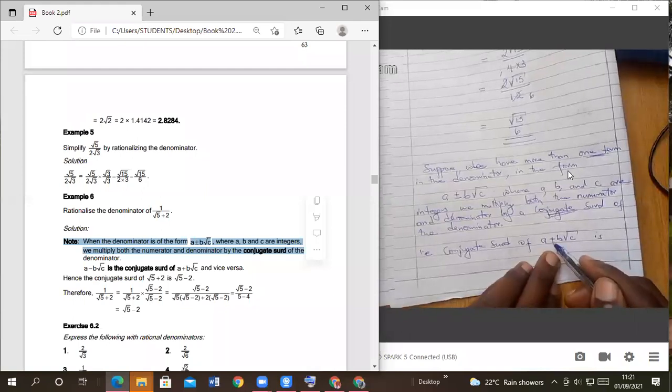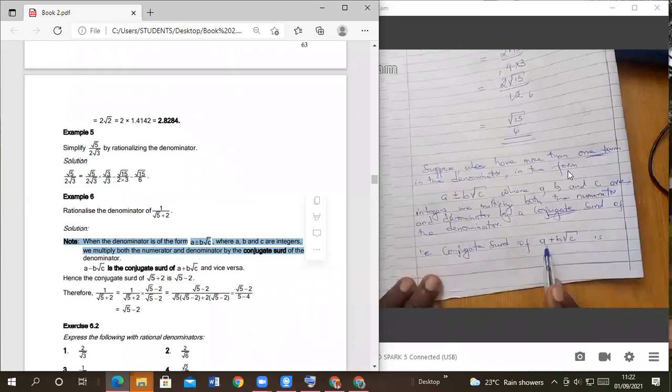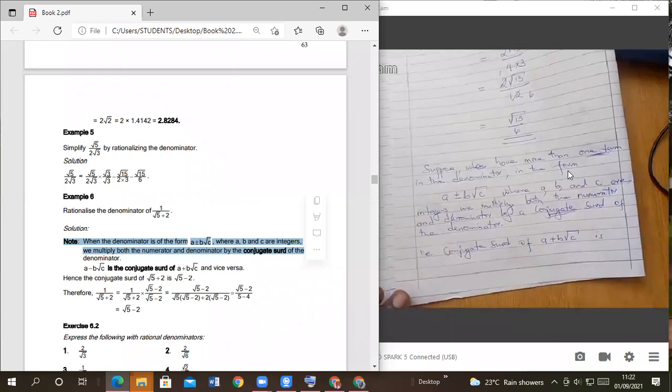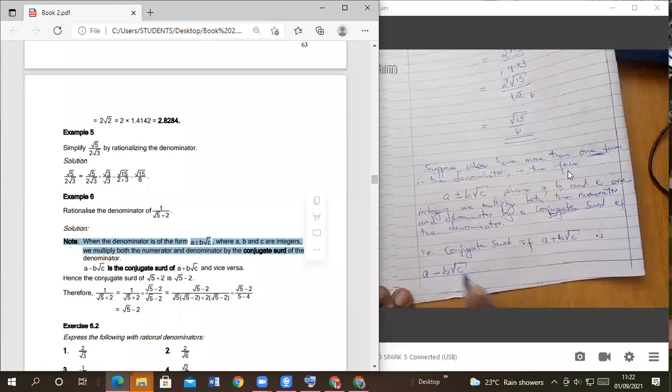If here is a positive, its conjugate will be a negative. If here was a negative, its conjugate will be a positive. So the conjugate side of a plus b root of c is going to be a minus b root of c. We just change the sign, the sign of the middle terms.